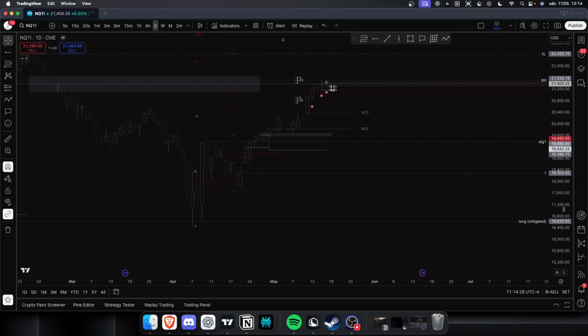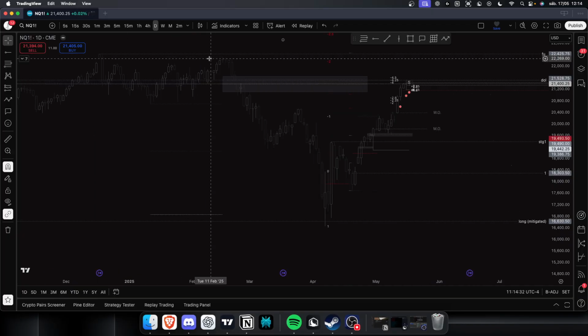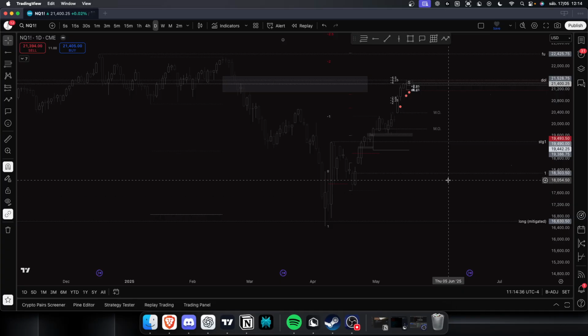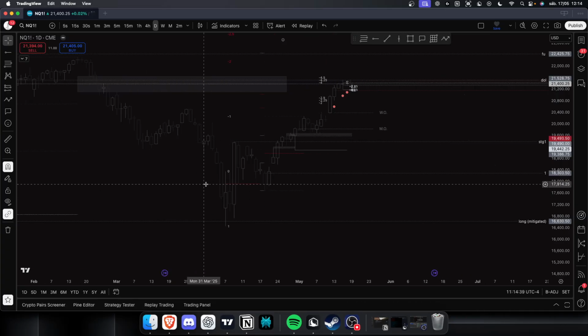So the low we formed on this massive, really fast move down was not perfect. This is where I improvised a bit, but I used the last candle that manipulates down to connect my standard deviation.